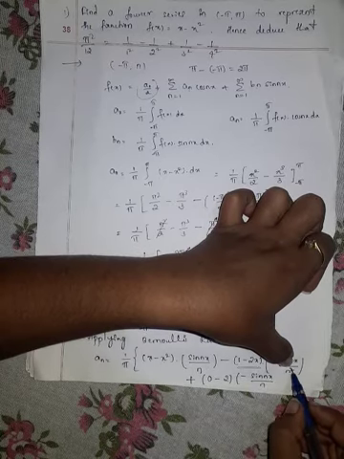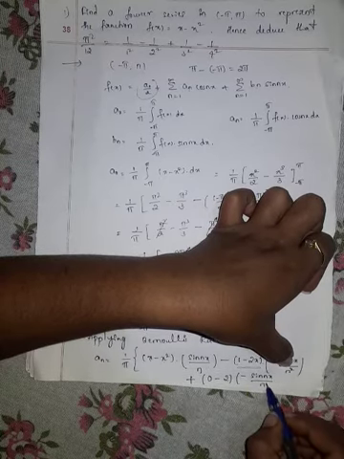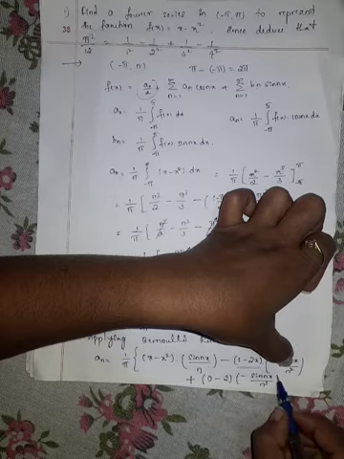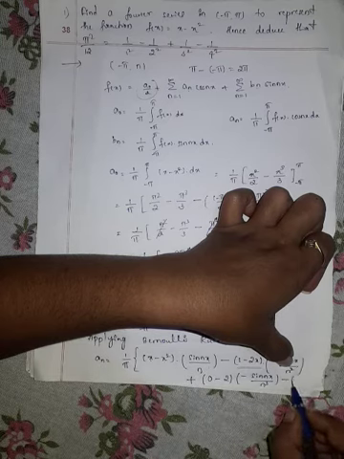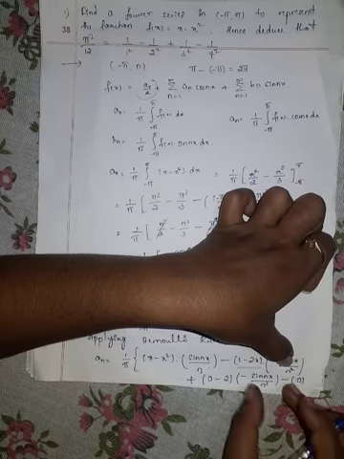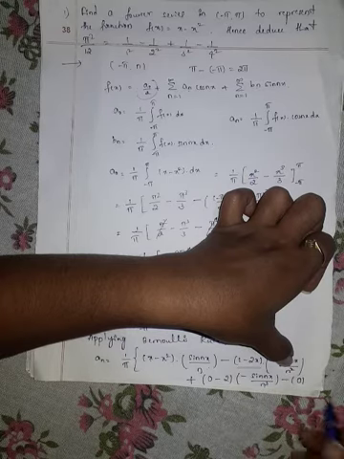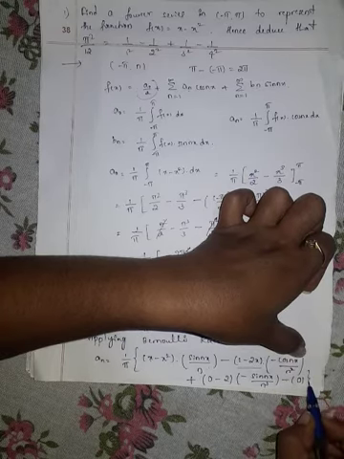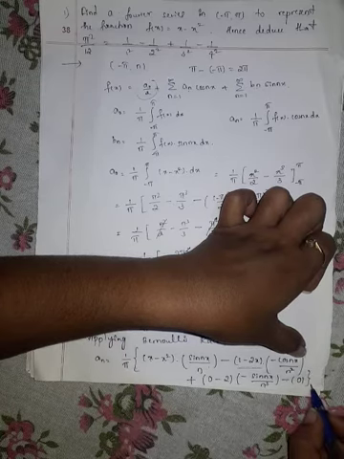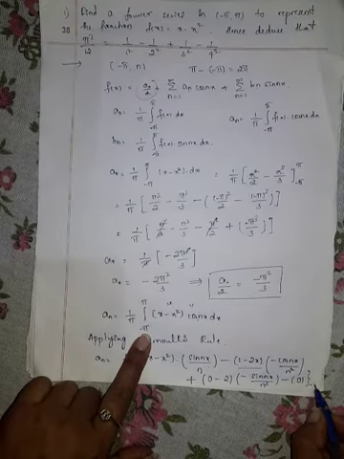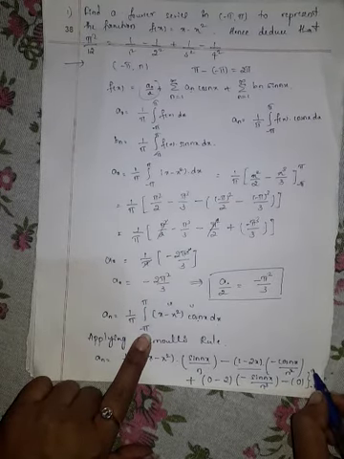Here we have n square, so n into n square is n cube. Next again alternate sign, minus. Differentiation of this term is 0. If you integrate again, you will get 0 only. So up to here we have to integrate. Bracket close. Our limits are from minus pi to pi.